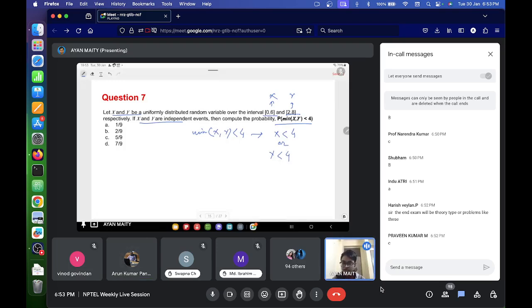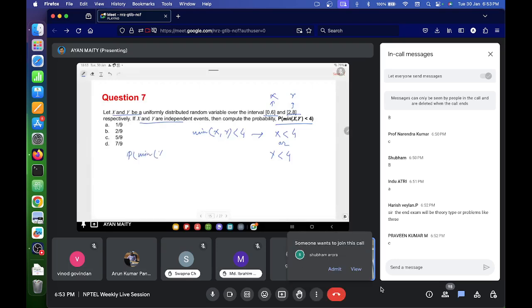If at least one of these two variables is less than 4, then the minimum of x and y has to be less than 4. So in terms of probability we can write the probability of minimum of x comma y less than 4 equals the probability of x less than 4 union y less than 4.